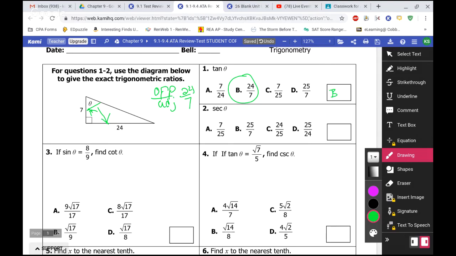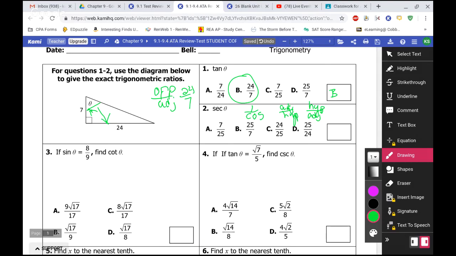The second one, we're asked for secant, and secant is the inverse of cosine. So cosine is adjacent over hypotenuse, so the inverse of that is hypotenuse over adjacent.